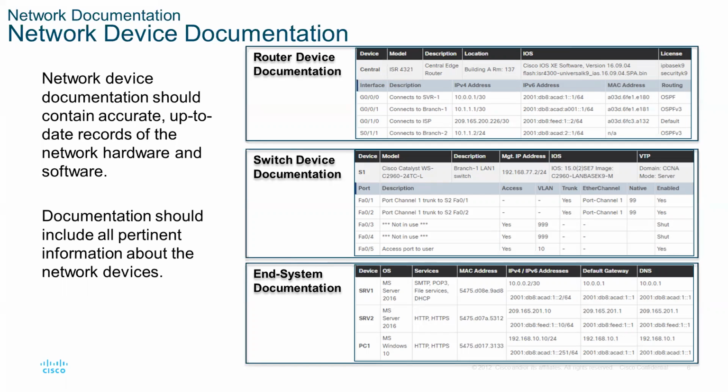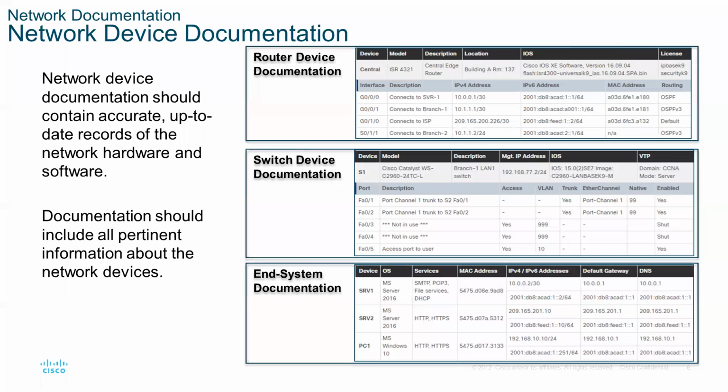And it'll tell you what the native VLANs are across those trunks. And the other ports will tell you whether they're in use or not. And if it's an access port, what VLAN it is, and whether it's shut down or enabled.